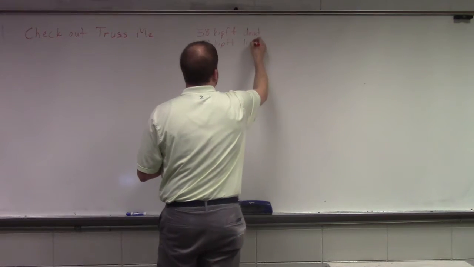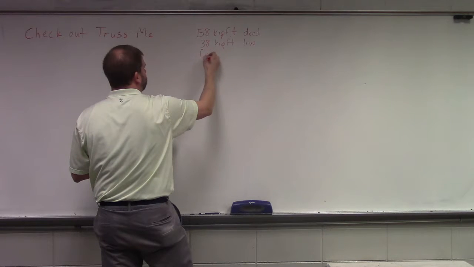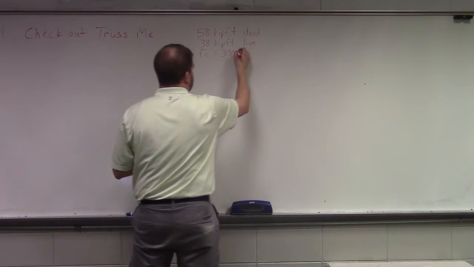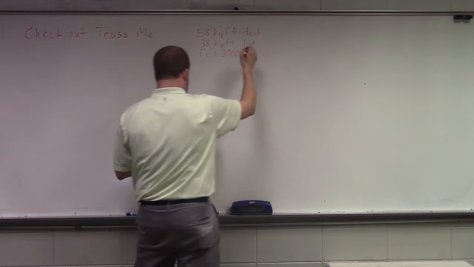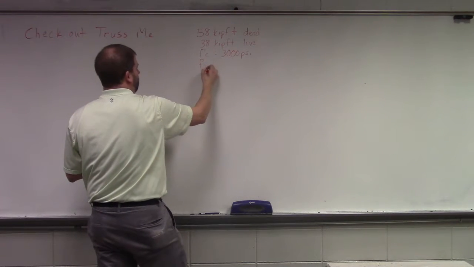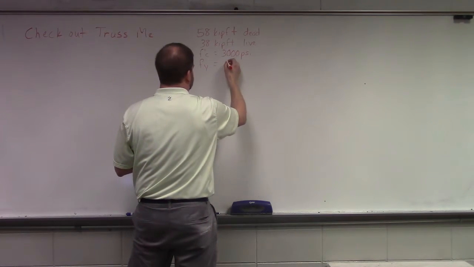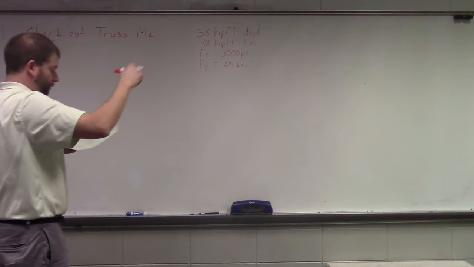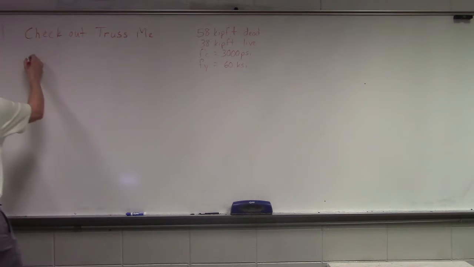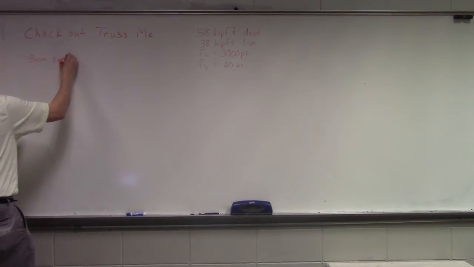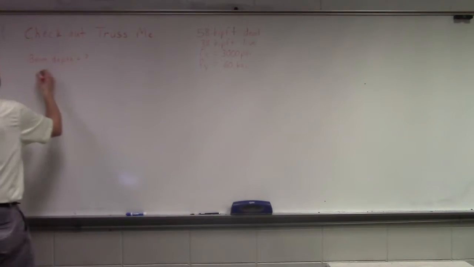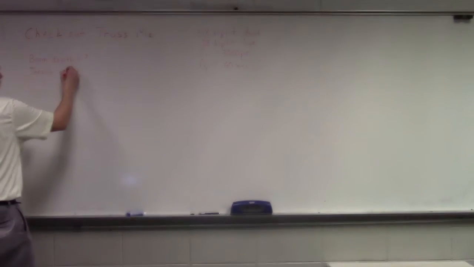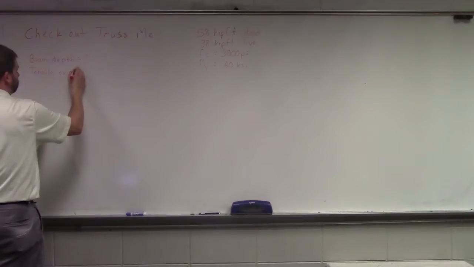And we also have that F prime C is 3,000 PSI, and F sub Y, our steel strength, is 60 KSI. We need to determine our beam depth. We also had that the width was 10 inches.